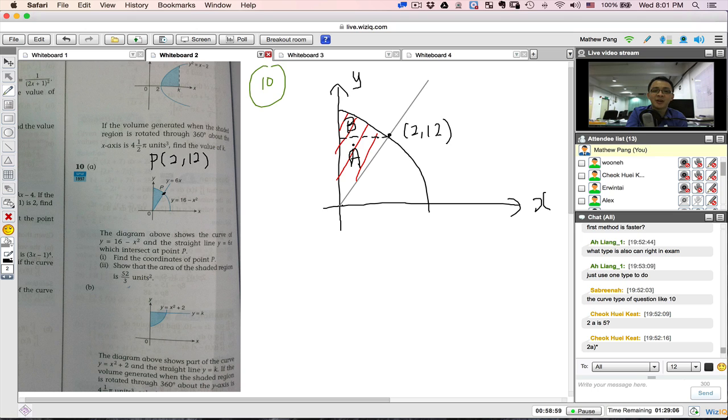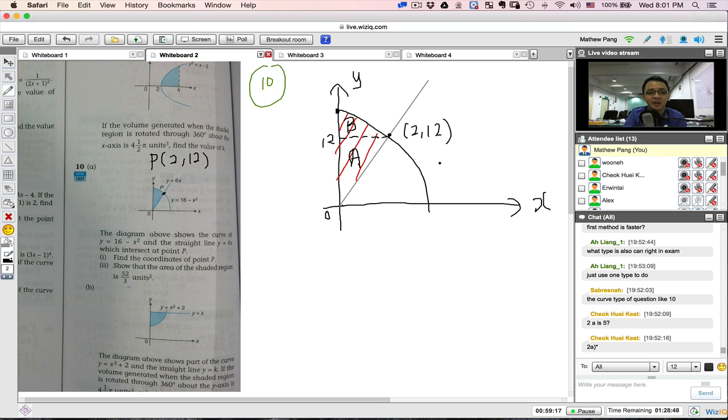Of course I know this coordinate over here is 12, this is 0, and the length here is 2. You can use the formula of a triangle, half multiply base multiply height. And of course I need to find this coordinate, which is the y-intercept.